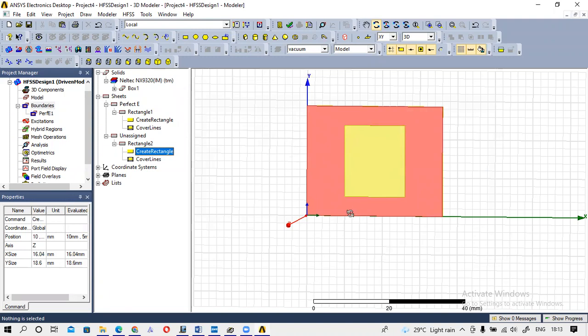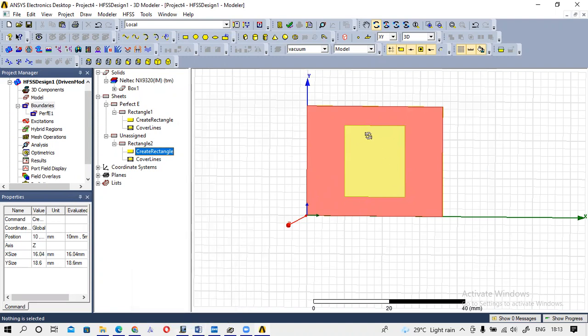So this will be 10 millimeter, and this will be 5 millimeter. So we shift 5 millimeter here and we shift 10 millimeter here. So this length will be 16.04 and this will be 18.6.